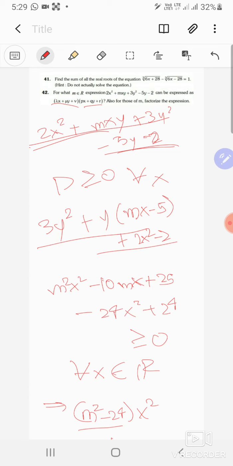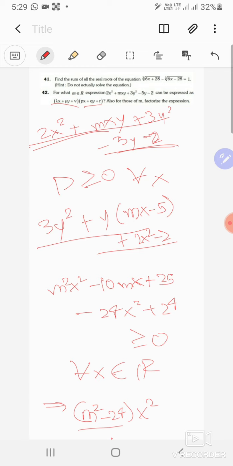The expression 2x squared plus mx plus... did we make some kind of mistake somewhere? We did take it greater than or equal to 0 for all x belonging to real numbers. So you've got b squared, which is mx minus 5 squared. That squared is m squared x squared minus 10 mx plus 25.